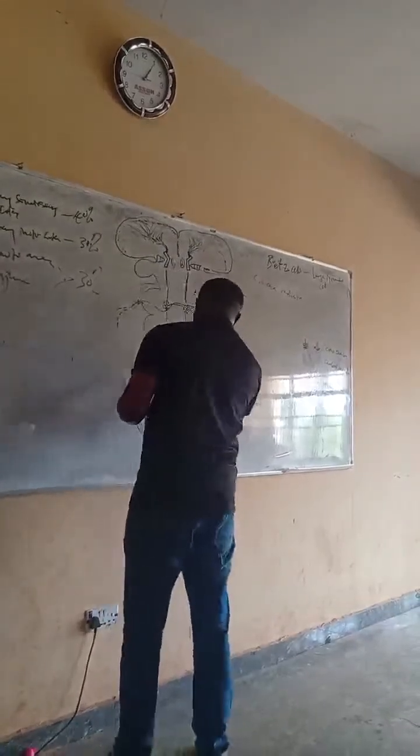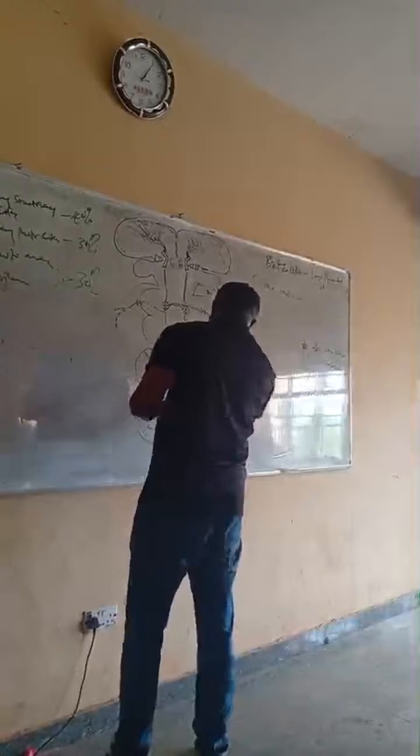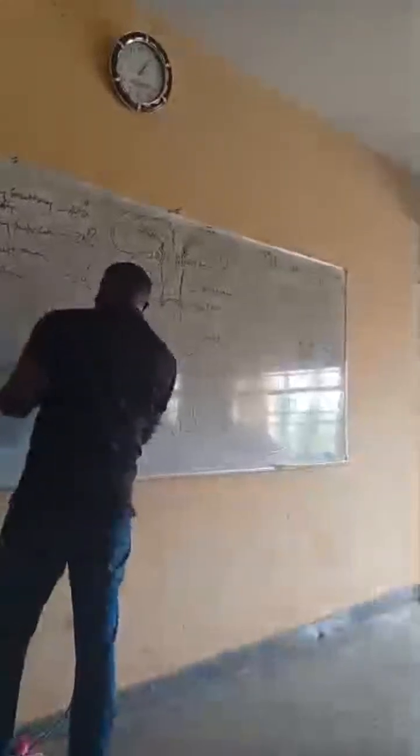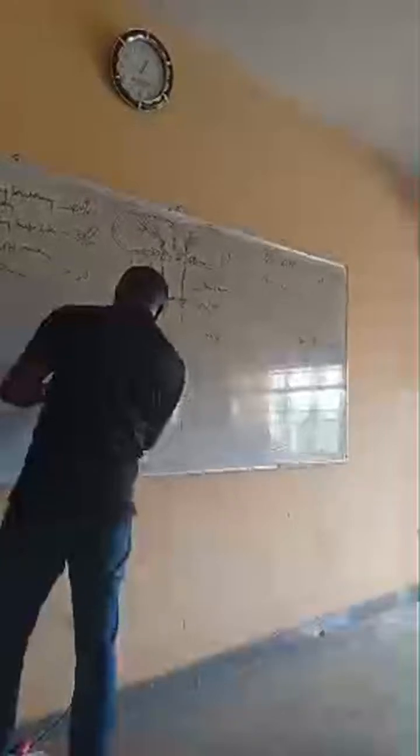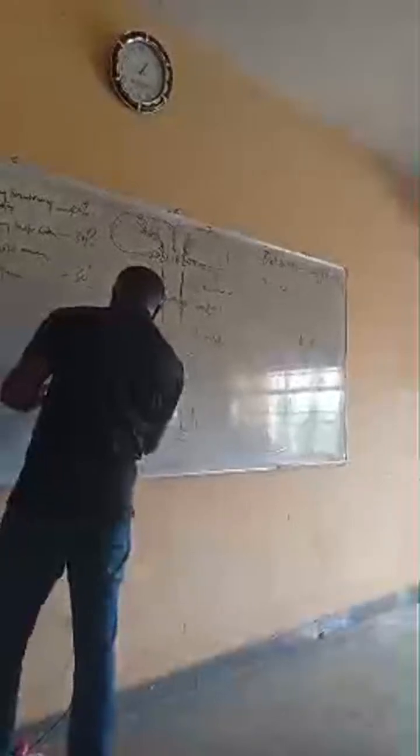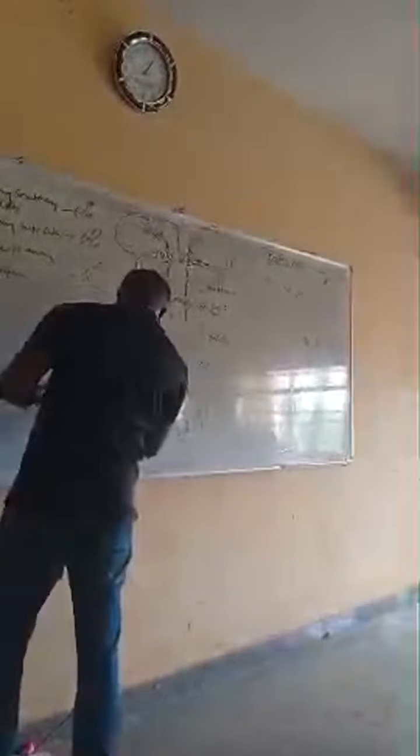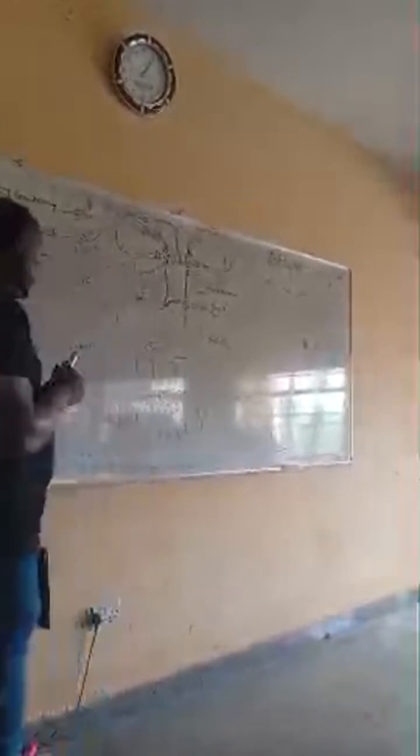So it will cross and come down here, forming the lateral corticospinal tract. That's 80% of the fibers.